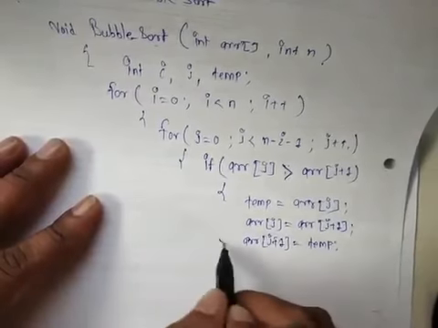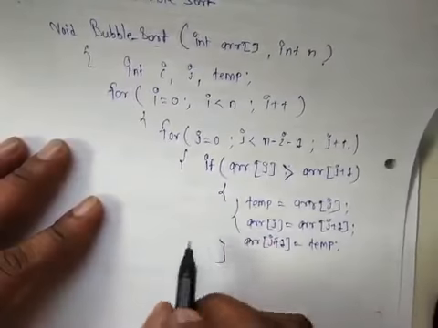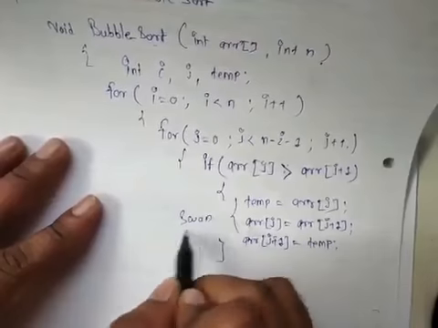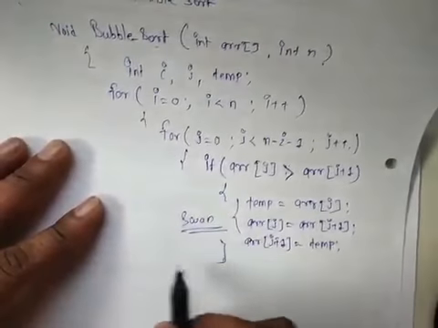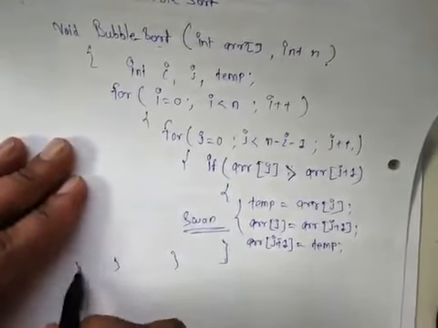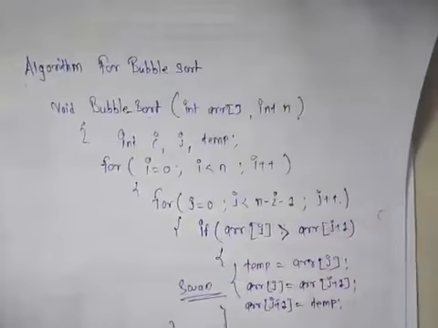Very simple logic. This is the swapping concept, swap. Nothing else. End of this if, end of this for loop, end of this for loop, end of the bubble sort. Very simple code snippet.